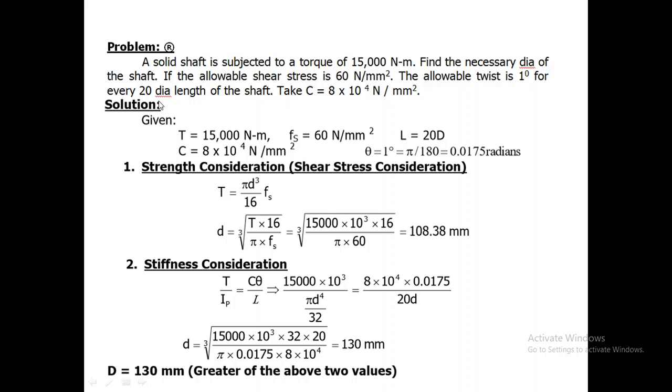This is the angle of twist per 20 mm diameter of the length. Here the angle of twist is 1 degree over the length of the shaft.